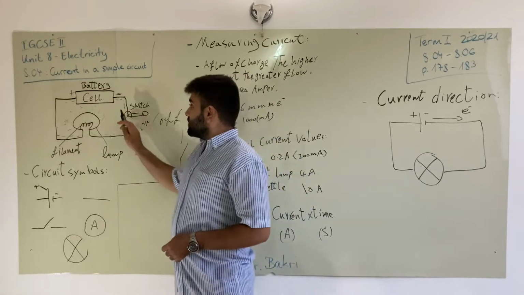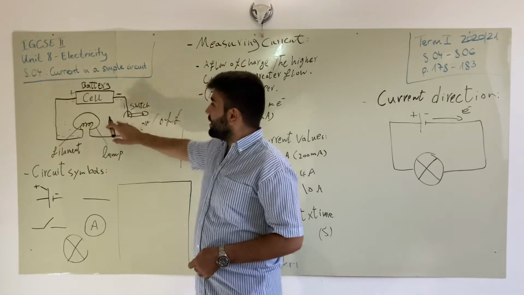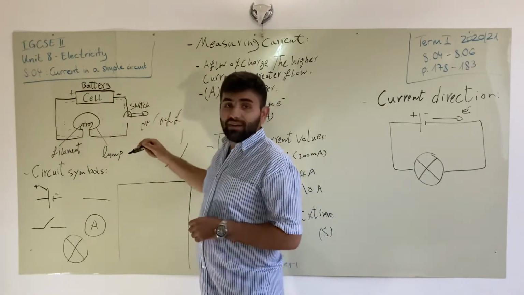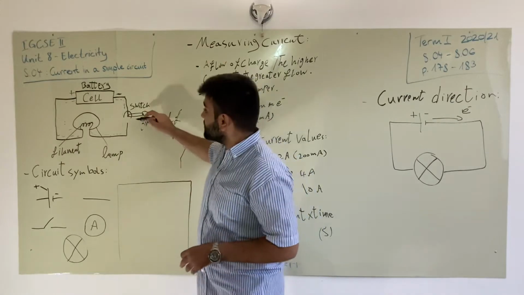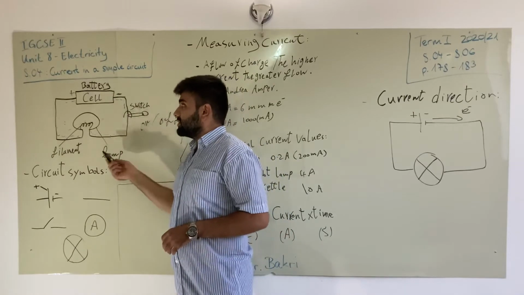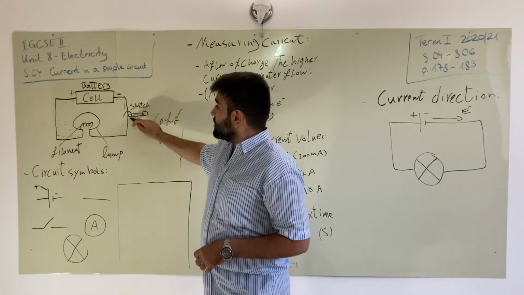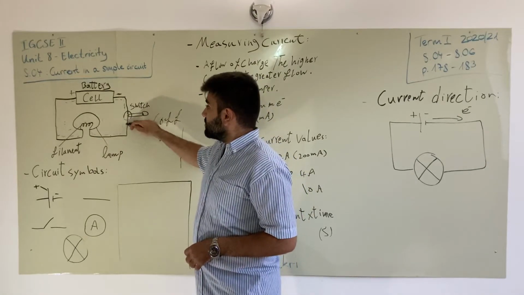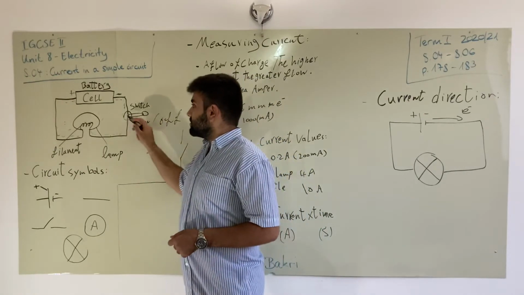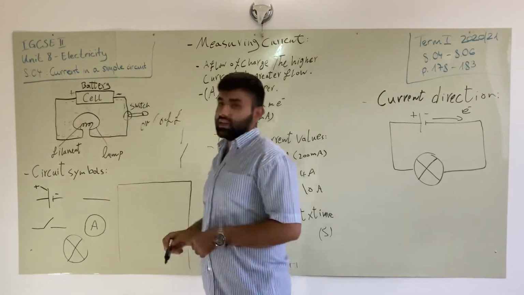So what will happen? The lamp will be turned off, because the switch is open and we don't have a complete circuit. When the circuit is connected from the negative to the positive pole, the lamp glows.